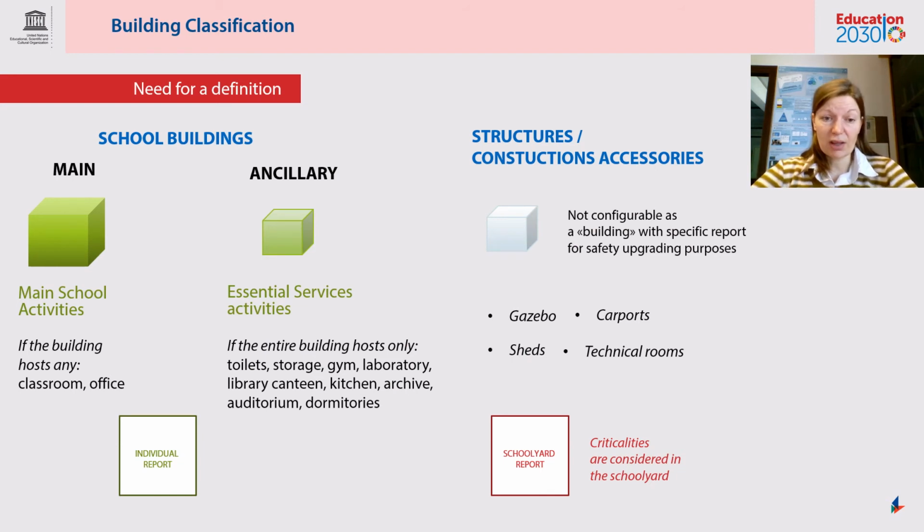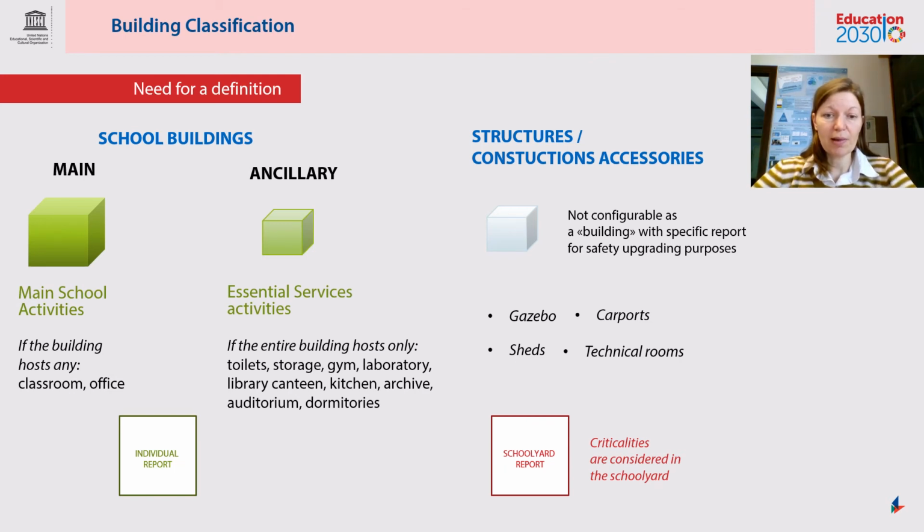Buildings, as I told, in VISUS are defined considering main and ancillary buildings. The main buildings are those in which the main school activities are performed. So in these buildings, there are classrooms and offices. In the ancillary buildings, there are the essential services activities that support the main buildings.